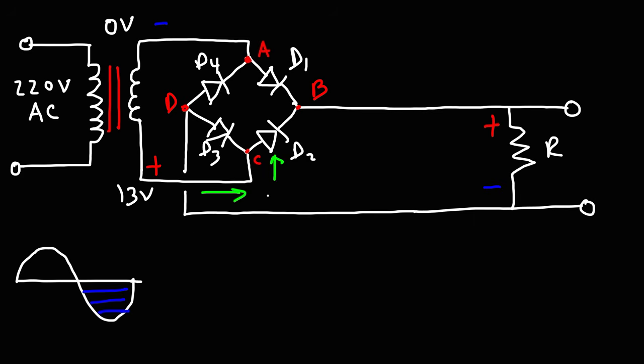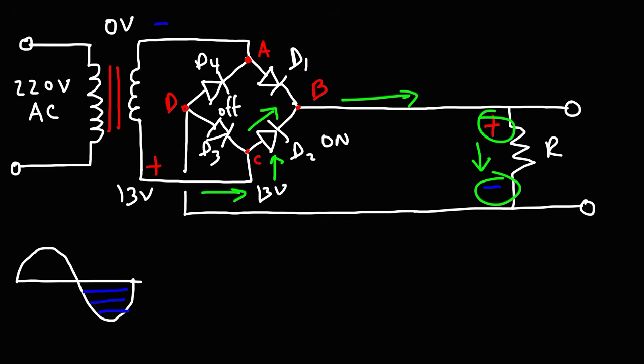So point C is at 13 volts. Now, it's not going to go through D3 because it's in reverse bias mode. D3 is going to block that current. So this time, it's going to go through diode 2. So diode 2 is on, while diode 3 is off. Now it's going to flow through point B, through this resistor. Notice that it's going in the same direction as the positive half cycle through the resistor, from positive to negative.